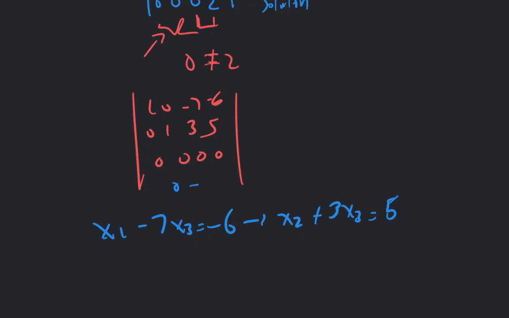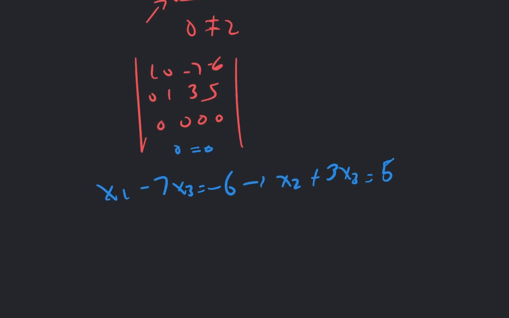And then 0 is equal to 0 for the last line. We cannot solve more than this. This is consistent since there's no contradictions, i.e. 0 equal to 2. x3 in this case would be what's called a free variable, since the ones right here are known as pivots.